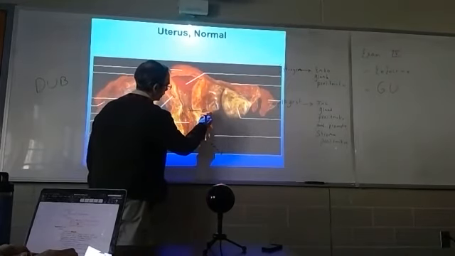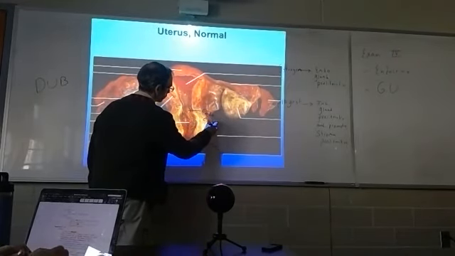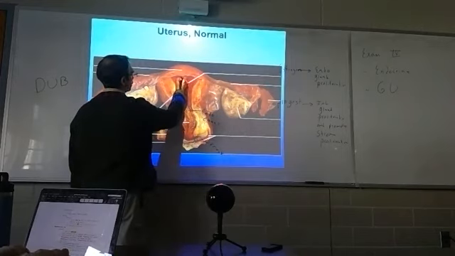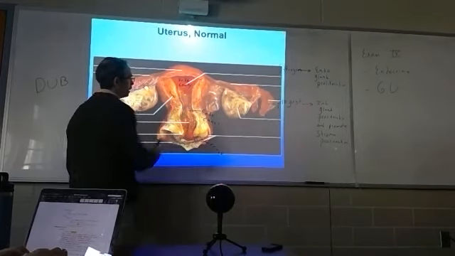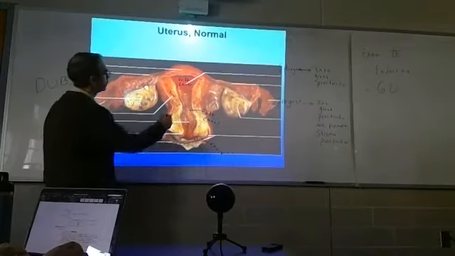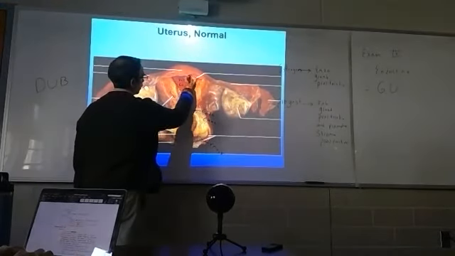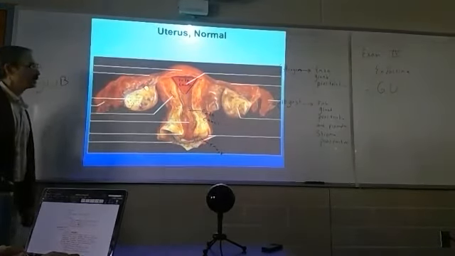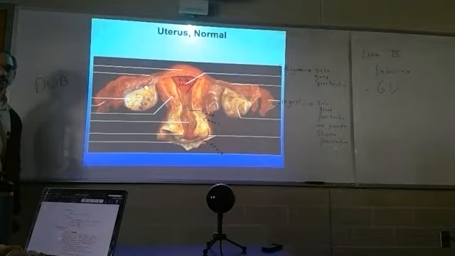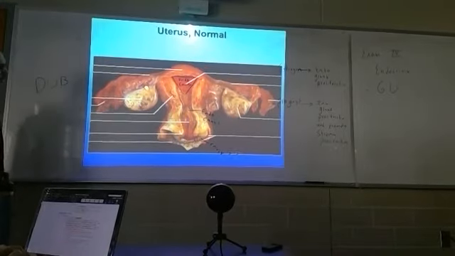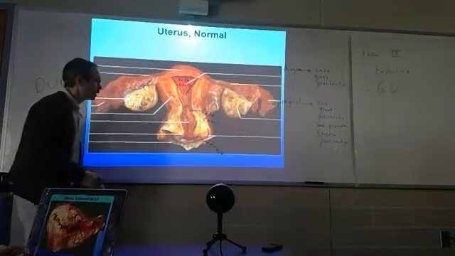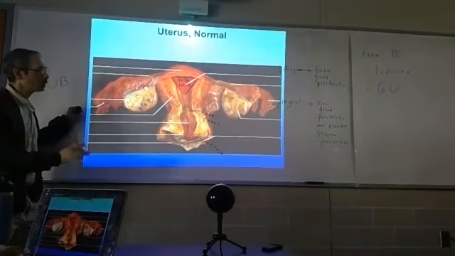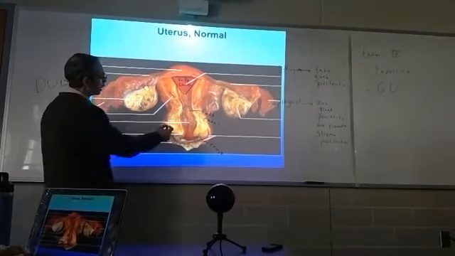There's the endometrial canal, and there is the endometrial cavity. Look in the endometrial cavity, you'll see this kind of triangular area. That is the endometrium. It's not too impressive. That's what the endometrium looks like. Of course, we've got the fallopian tubes here and the ovaries over here. This is what a normal uterus looks like, normal endometrium.